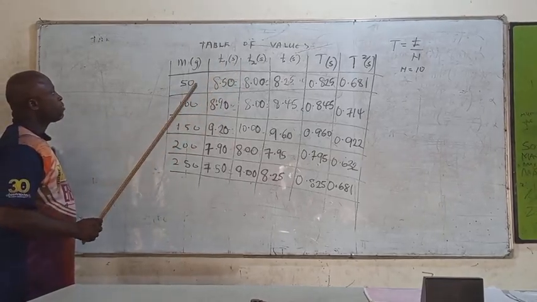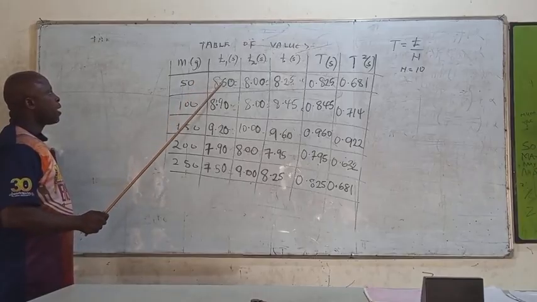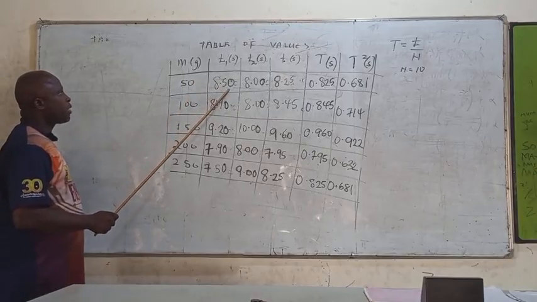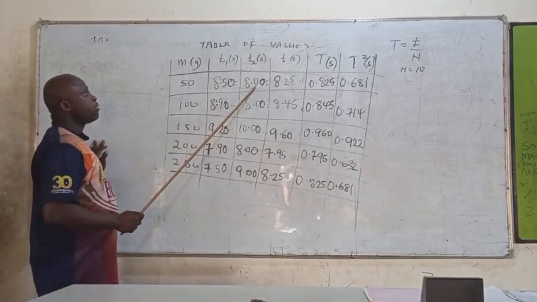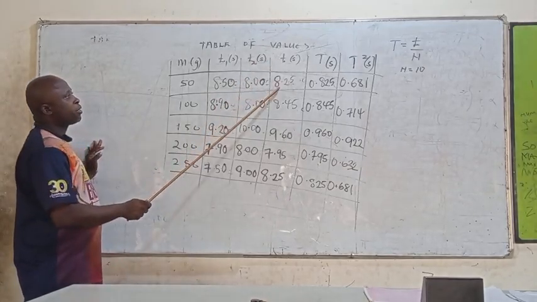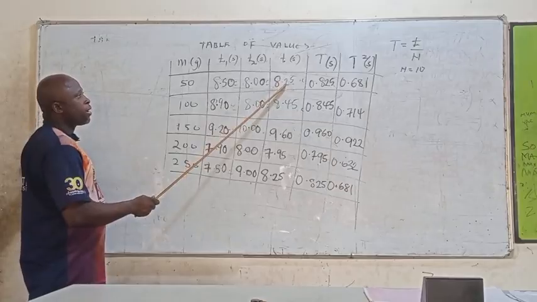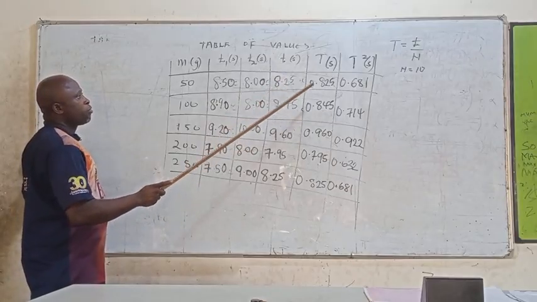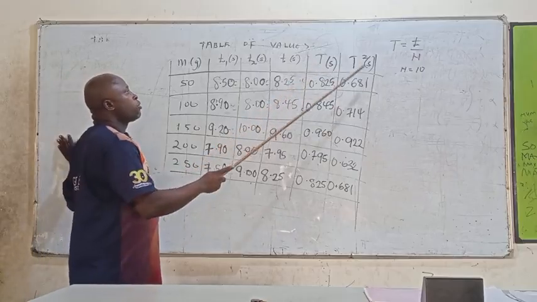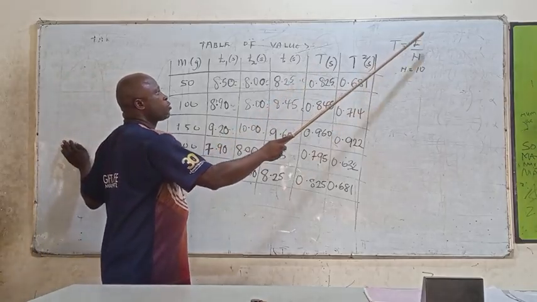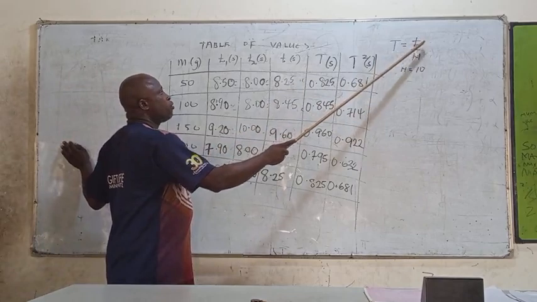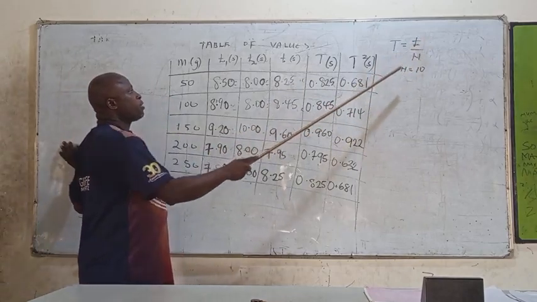From the first experiment with 50 gram, we had 8.50 the first time and 8.00 the second time. When we took the average, we have 8.25 seconds. To obtain T, we use the formula T equals t over n, where t is time and n is the number of oscillations.